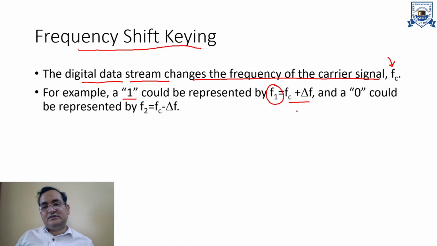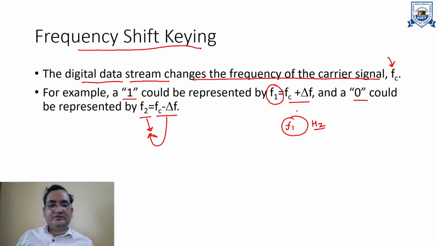For example, let us suppose F1 hertz, and 0 will be transmitted by another frequency, which is F2. That frequency also has a relation with FC, that is FC minus delta F for F2, the lower frequency, and the higher frequency will be FC plus delta F.